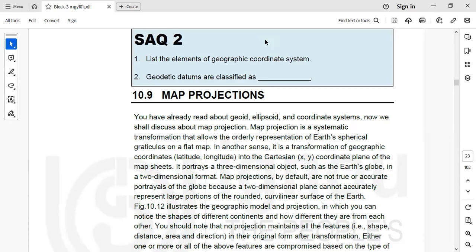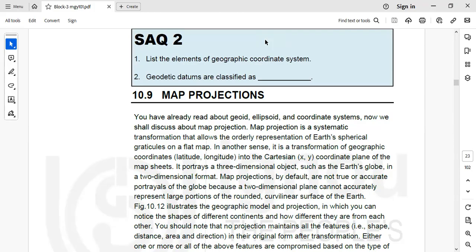Map projection is a systematic transformation that allows the orderly representation of the Earth's spherical graticules on a flat surface, or in another sense, it is a transformation of the geographic coordinates. The geographic coordinates, which include the latitude and longitude, are transformed into the XY coordinate plane of the map sheet.